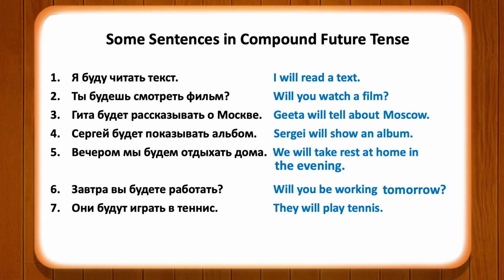Они будут играть в теннис. It means they will be playing tennis, or they will play tennis. The verb играть is used in the infinitive form. It does not undergo any change when it is used with the verb быть. Они будут играть в теннис.